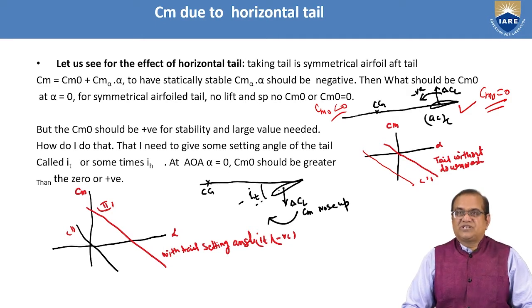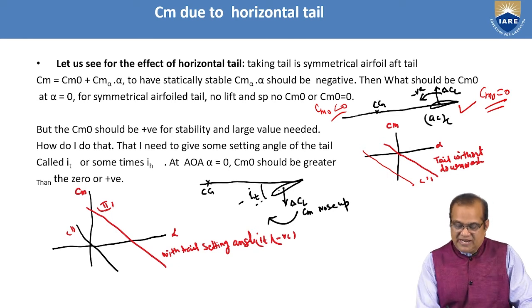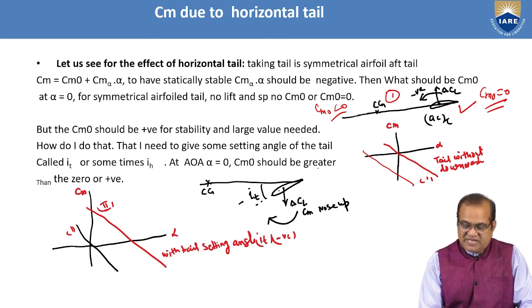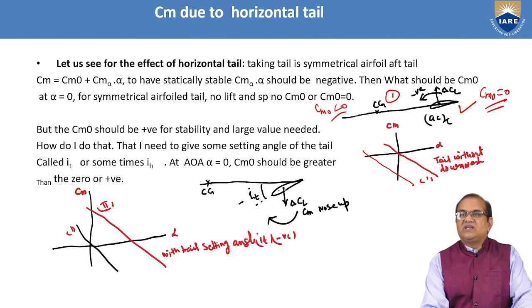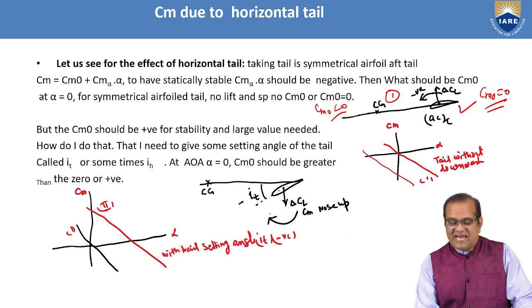I need to give some setting angle of the tail called IT, or in some books IH. In this diagram you can see, in the first diagram, number 1, it is at 0 angle of attack. But here we have made a minus IT, means the nose is below the horizontal line. So this makes the CL downwards and this gives the Cm in this direction.